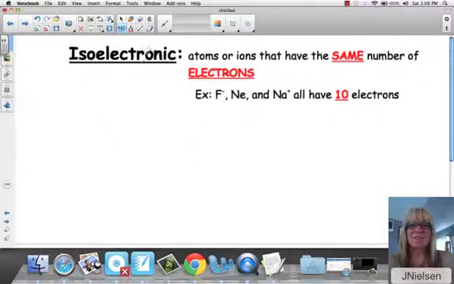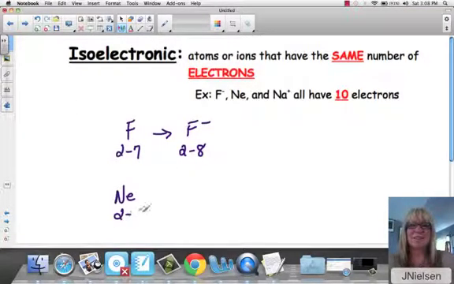We're going to finish up with the word isoelectronic, and that means atoms or ions that have the same number of electrons. So let's look at F minus. Well, let's look at F. F, you know, is 2, 7, and F minus is going to be 2, 8. Neon is not changing at all, and it's 2, 8.